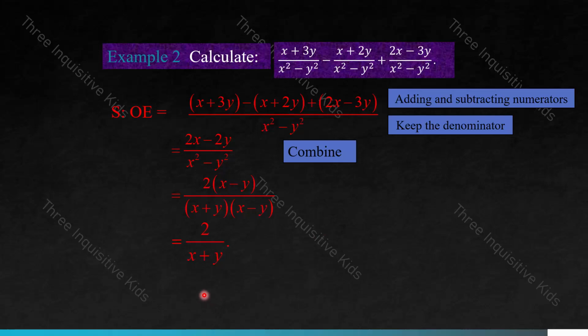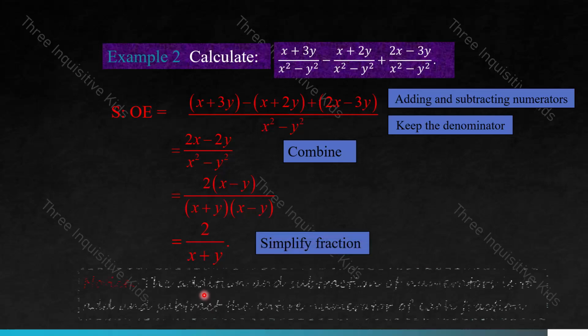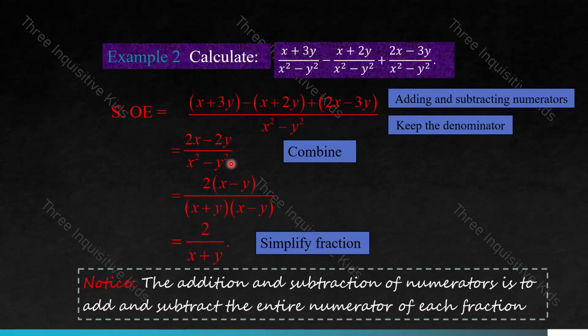But something I want you to really pay attention to is that when you are subtracting or adding the numerators, you need to remember to add parentheses around them. Or else it will become x plus 3y minus x plus 2y plus 2x minus 3y. But that's not what you want, because especially if you have a minus sign involved, remember, everything inside the parentheses has to change its sign.